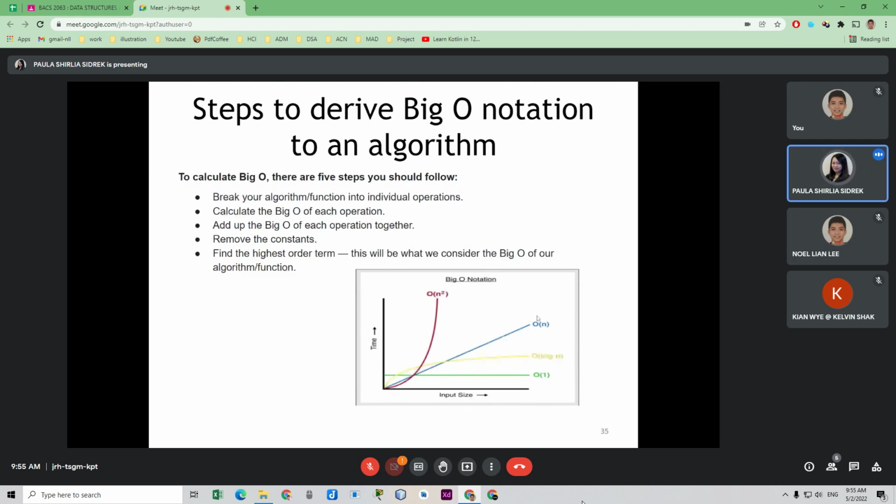Your O of n will look like that, and then O of 1 will look like that. That 1 inside always represents that the value is constant. So this is the time you require in response to your input size. All right, so these are the steps to derive big O notation for an algorithm.